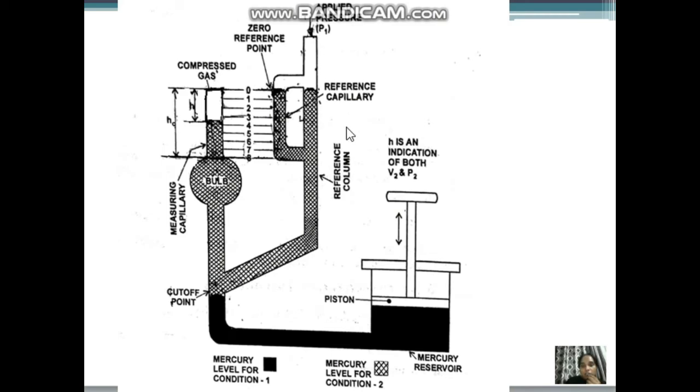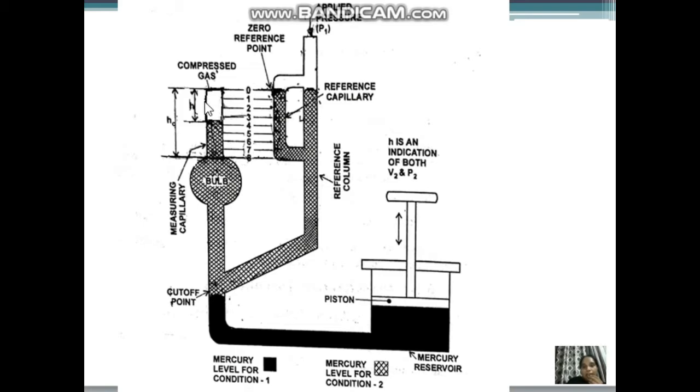Now in condition 2, we again apply pressure with the piston on the mercury, until the mercury reaches the zero reference point. As the mercury rises in the reference column up to the zero reference point, the pressure P1 already there had no place to go out, so it was entrapped in this area by the mercury.